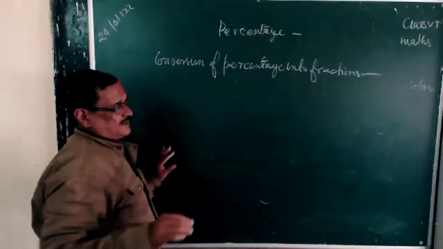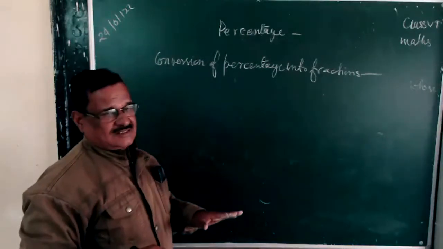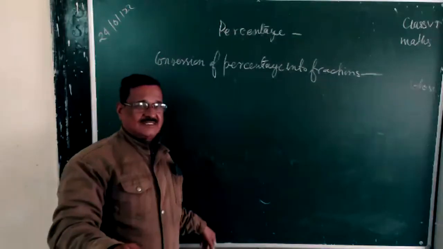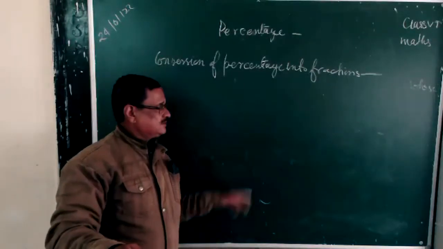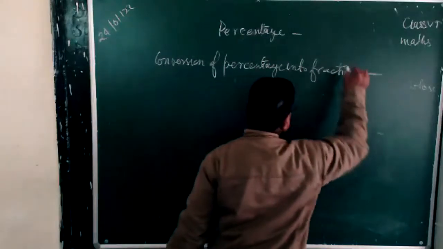If any percentage is given, then replace the percent sign by 1 by 100. It means percentage divided by 100, then that will change into the fraction, or that will change into the decimal.